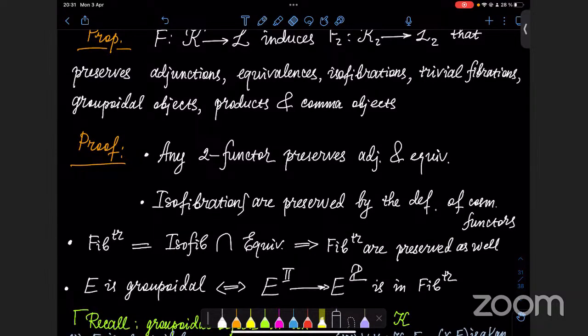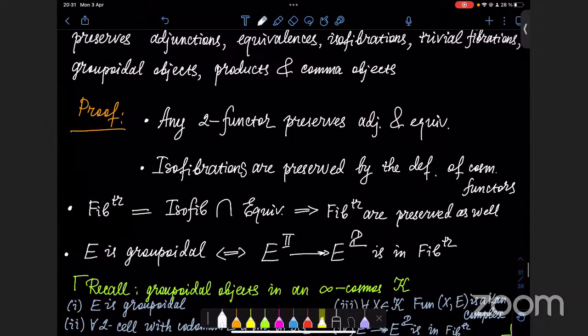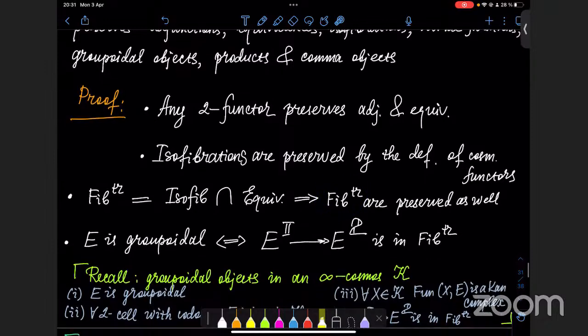Also, the class of trivial fibrations is just the intersection of isofibrations and equivalences. So both of them are preserved, and it means that trivial fibrations are preserved as well.